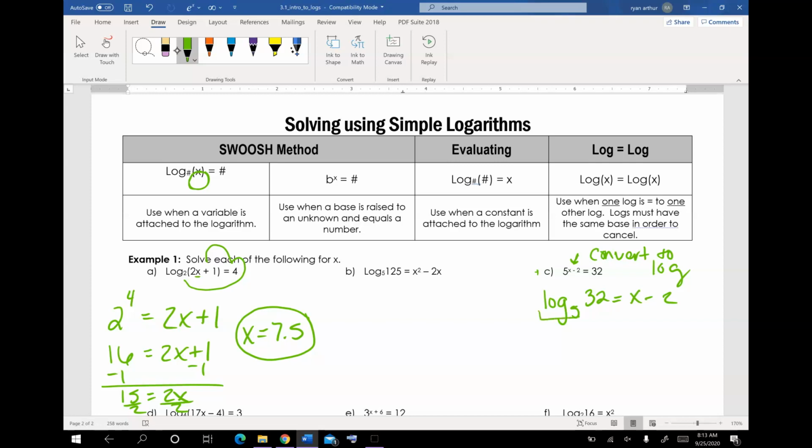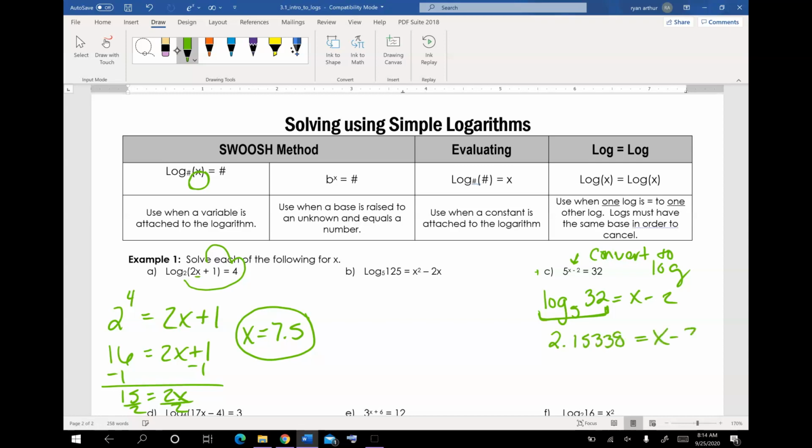Remember, if there is no variable, you can evaluate it. Remember we learned about evaluating? You'll go to Desmos. I've already showed you how to do that. You can go to Desmos and it's going to help you evaluate it. So log base 5 of 32 gives you 2.15338.